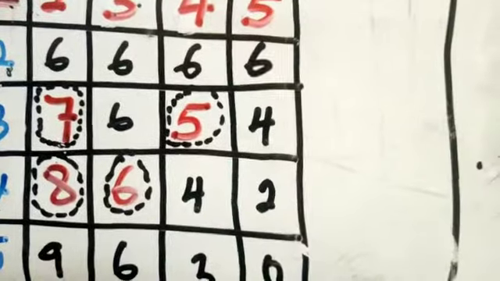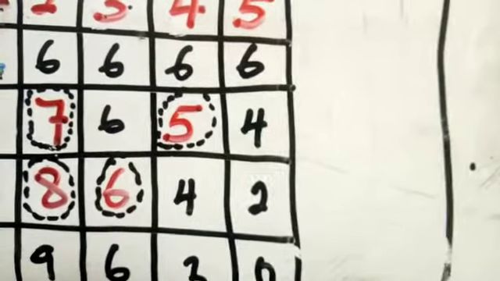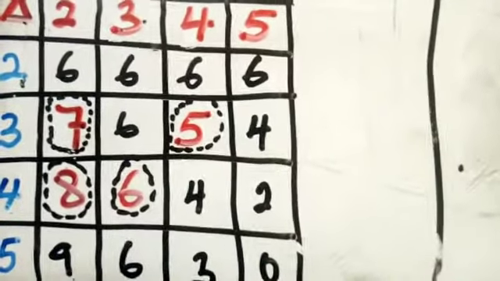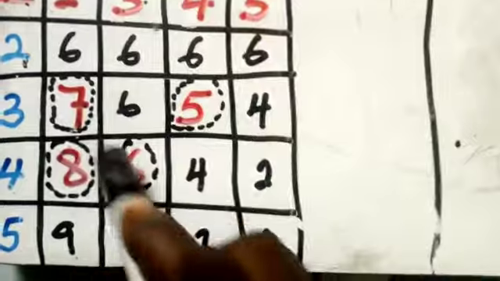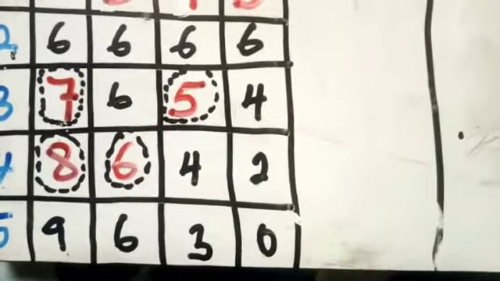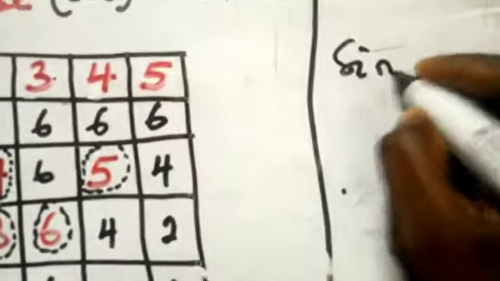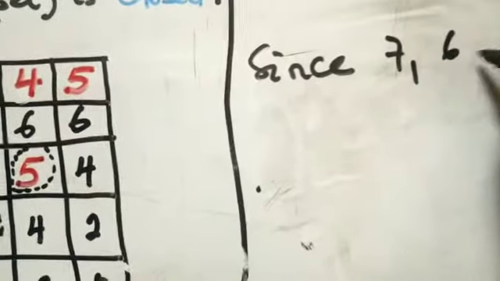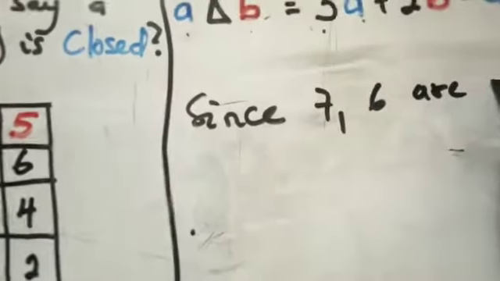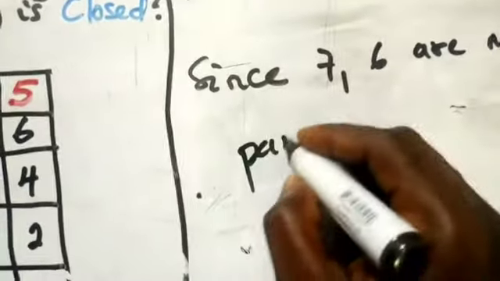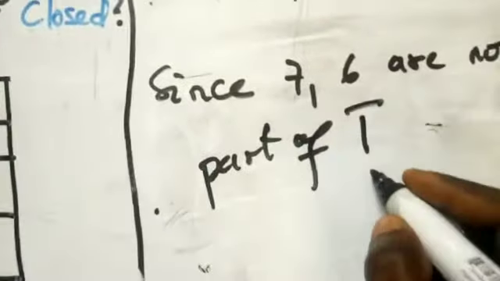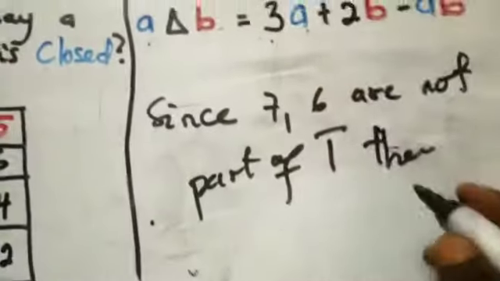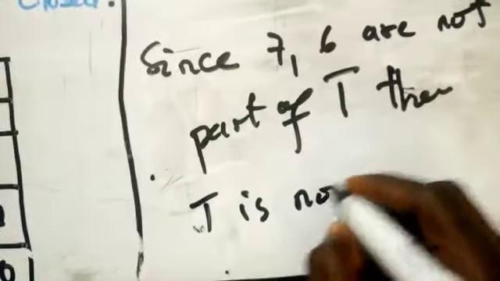Is that okay? You can write your own English, however best you understand it. You can say that since so and so, maybe 7 or 5, anyone, or you can even decide to list all of them, since those are not part of T, this is our family, then T is not closed.